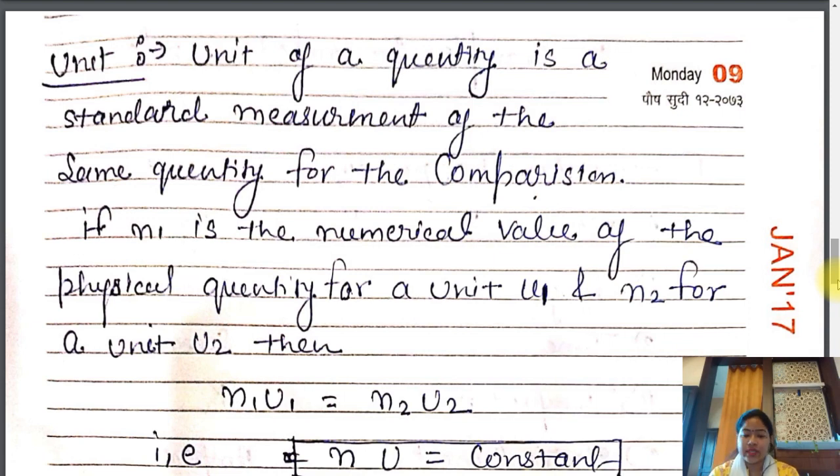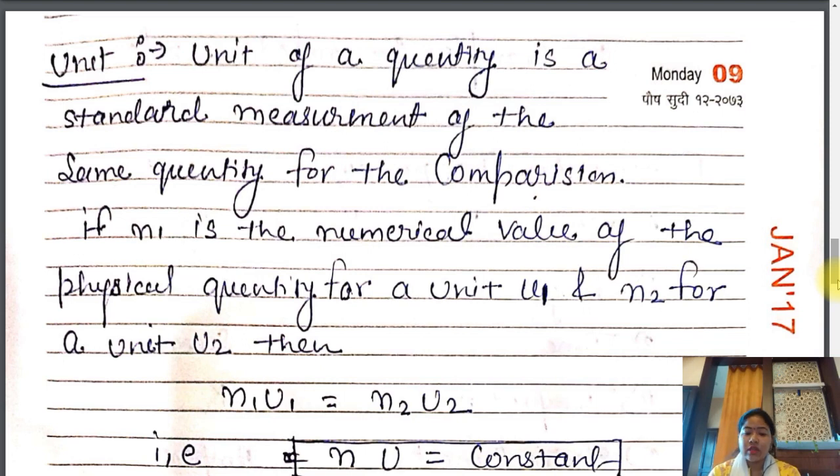For example, we can say that 1 kg equals 1000 grams. So 1 is the N1 and kg is the U1, equals 1000 grams. 1000 is the N2 and grams is the U2. So all the time 1 kg will be equal to 1000 grams.